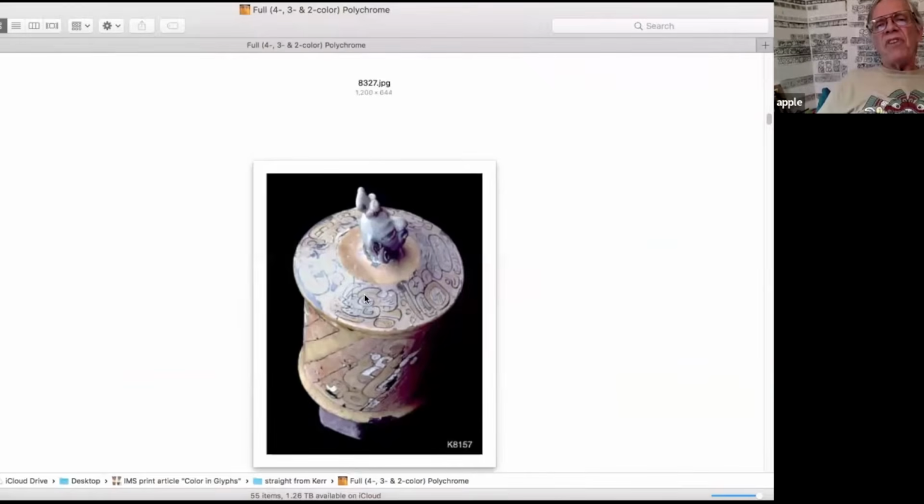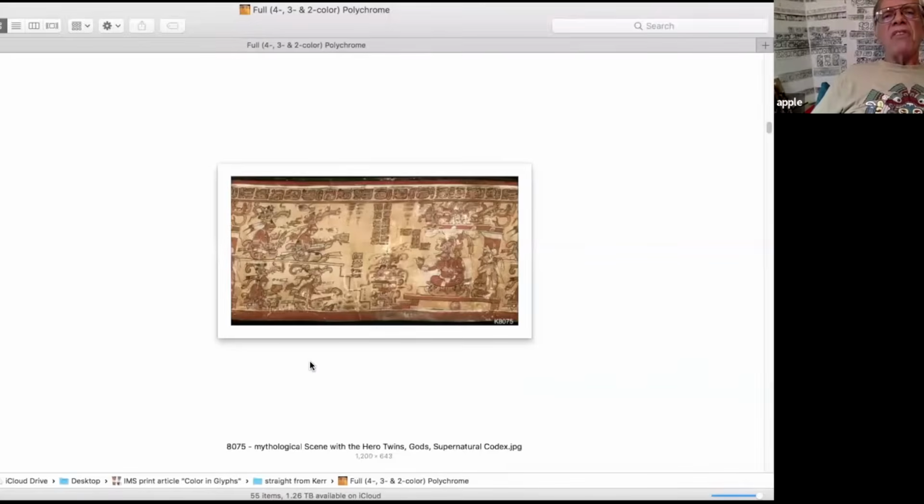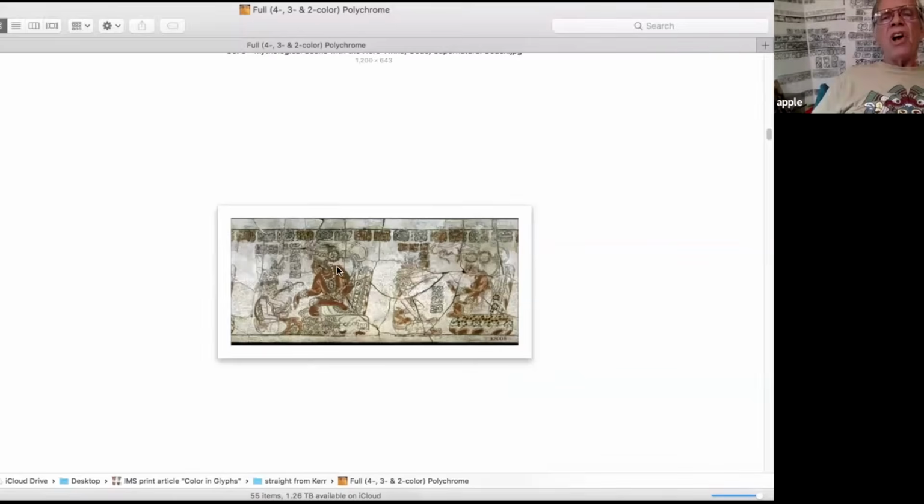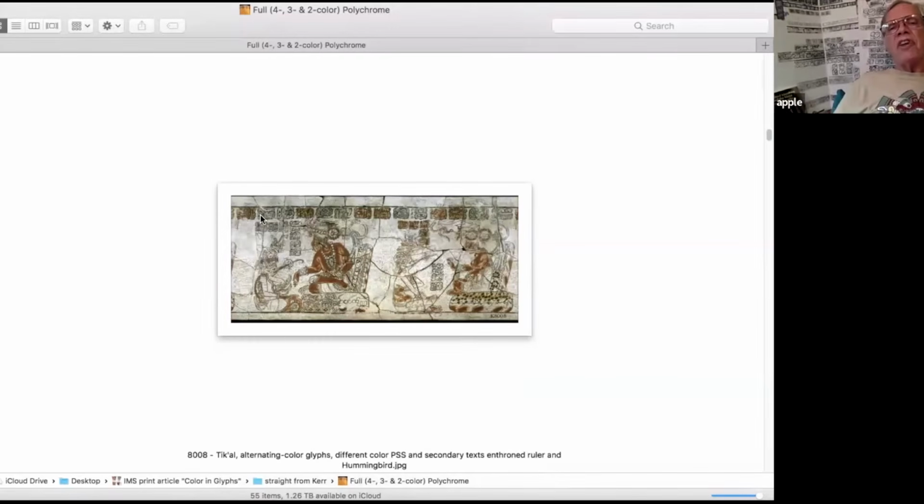But you can see that the fish has the waw is brown, the top of the fish is brown, the number 9, the 9th king here, the initial series glyph. These are all multicolored, and this is a pretty interesting vessel. This is from Tikal, and there's a whole series of vessels that have two glyphs, actually, this has three glyphs.